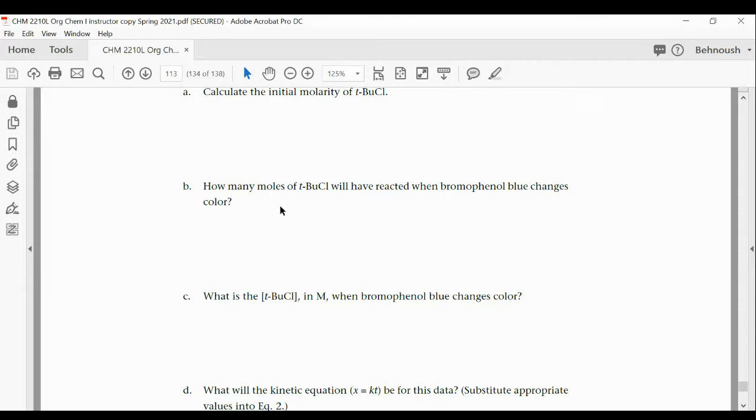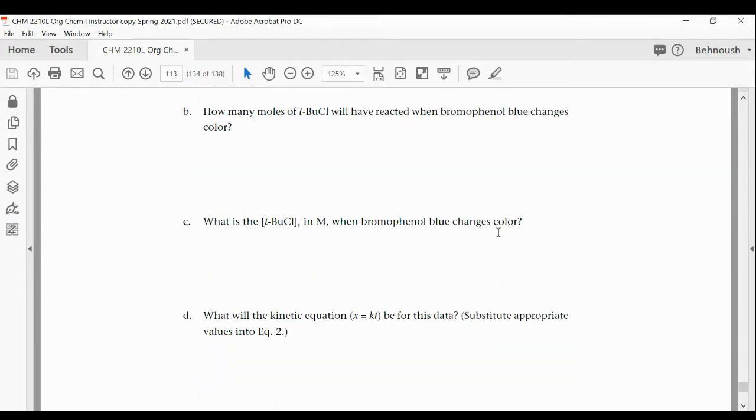Then you would say that 10% of that would be reacted. When the color changes, that would be 90% of the original. So if the original is, let's say, 0.1, then at the color change it is going to be 0.09. So 10% less than the original one.